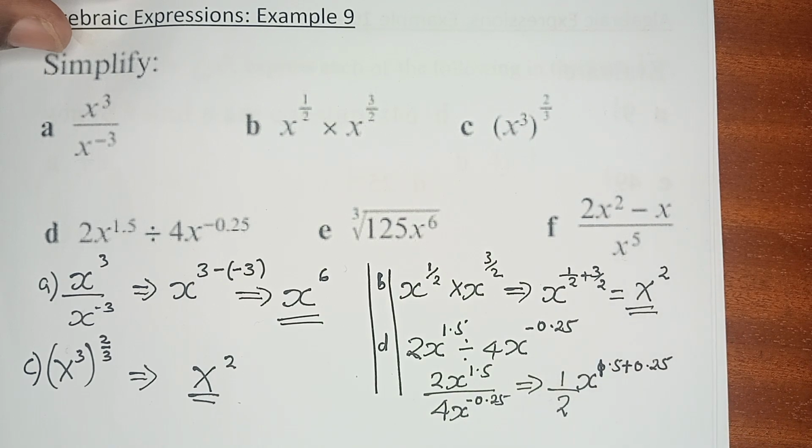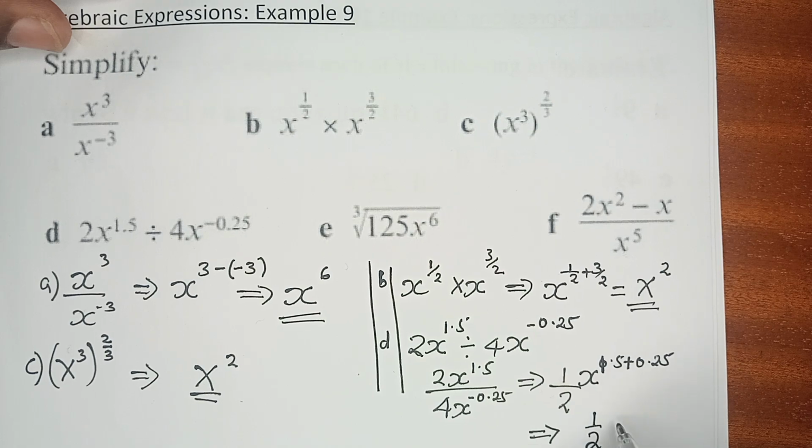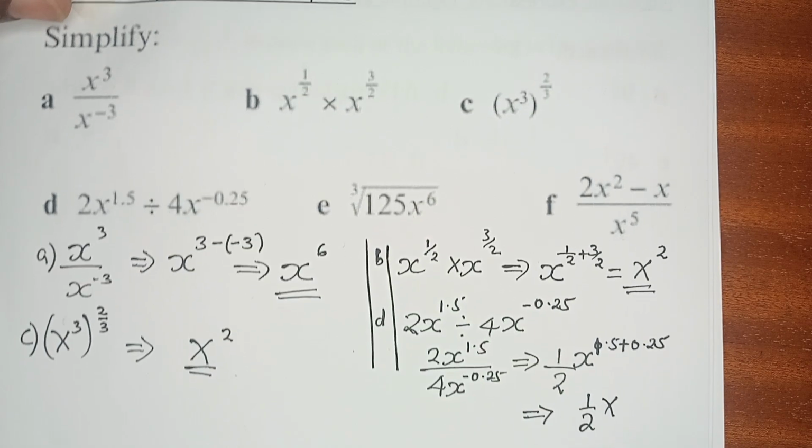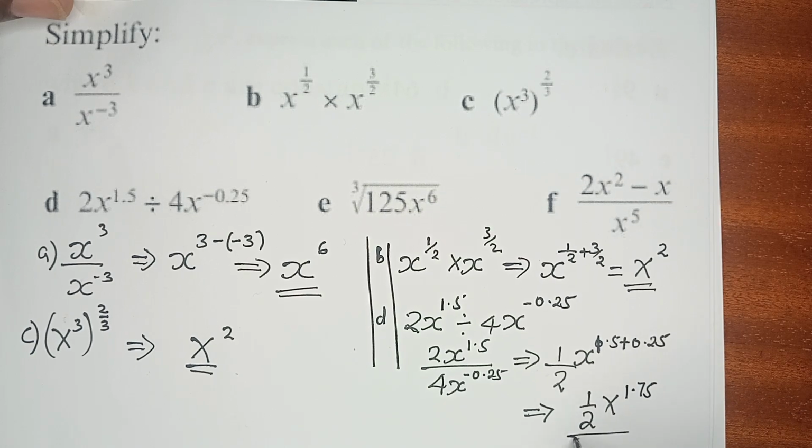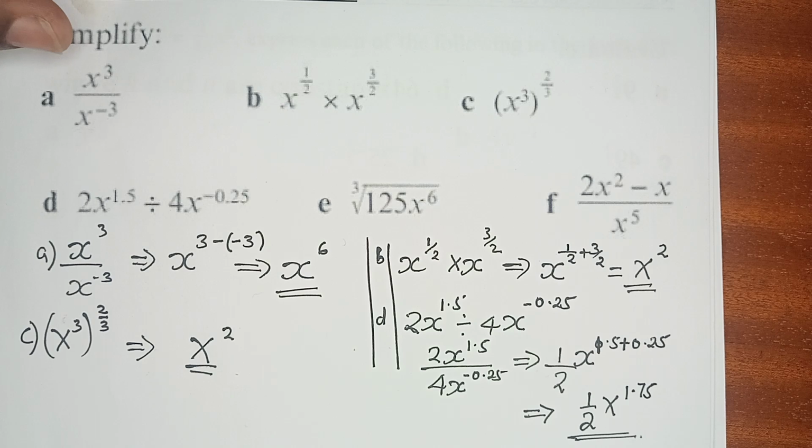I beg your pardon there. Eventually what we are realizing this to be is a half x raised to power 1.5 plus 0.25, which is 1.75. And that is the final submission.